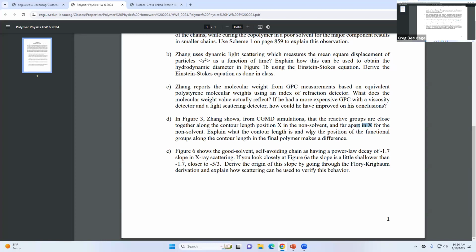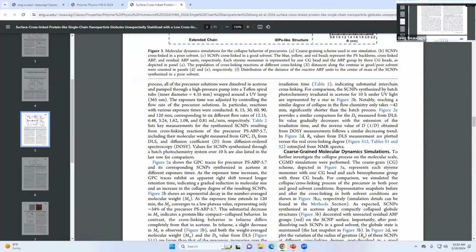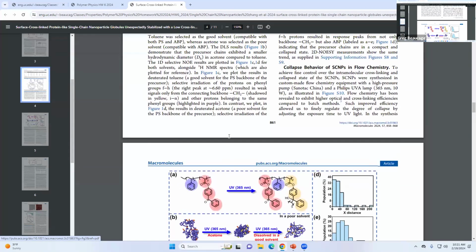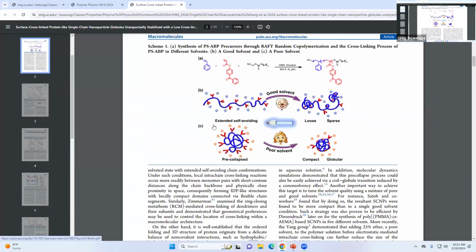Anyway, this X is the contour length that he's talking about. So unless you understand that, you can't make any sense of this plot. So this is how close these bonded groups are after he goes through that routine, right? If you go back to his cartoon, the bonded groups are a long contour length apart in this case, and a short contour length apart in this case, because you're bonding next-door neighbors here, right?